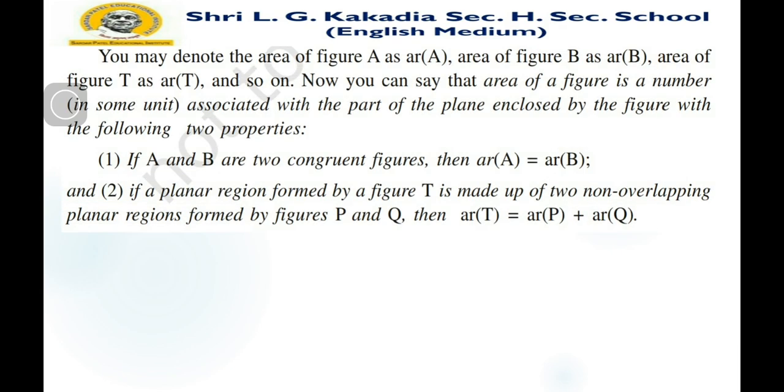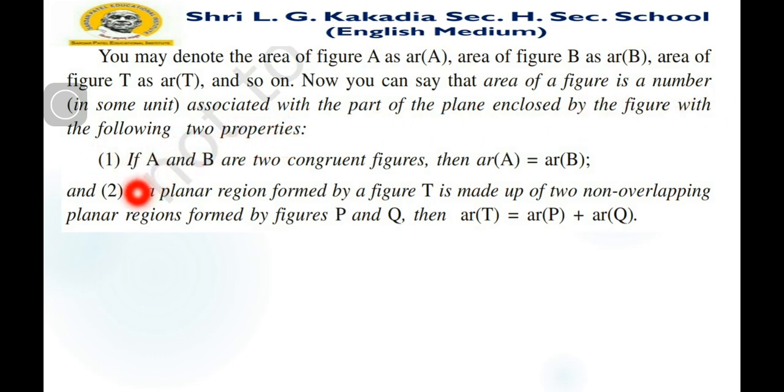You may denote the area of figure A as area of A, and the area of figure B as area of B. We can write the area of figure A in short form as area of A, and the area of figure B in abbreviation as area of B, the area of figure T as area of T, and so on. Now the area of a figure is a number associated with the part of the plane enclosed by the figure, with the following two properties.